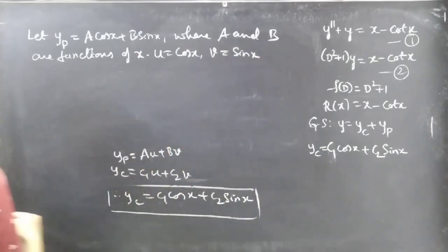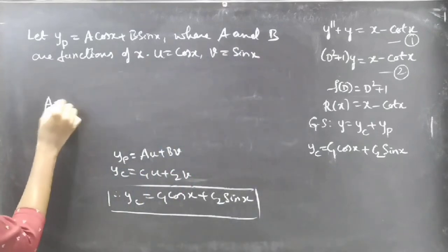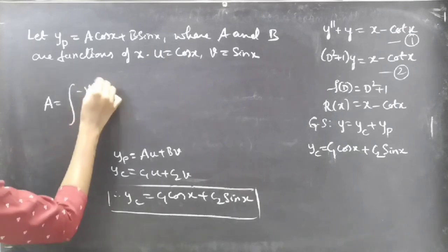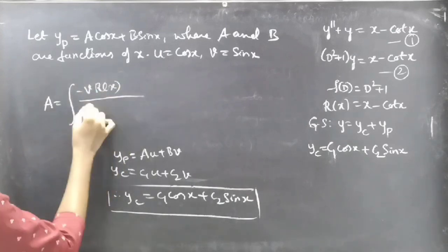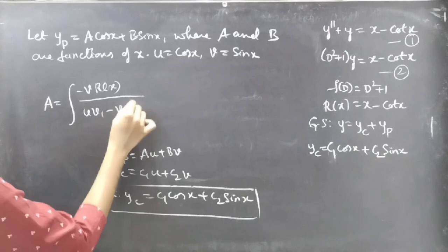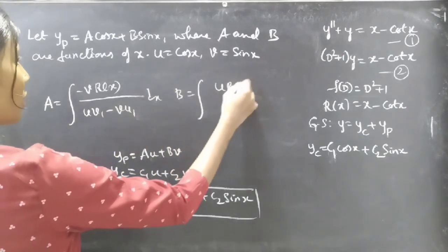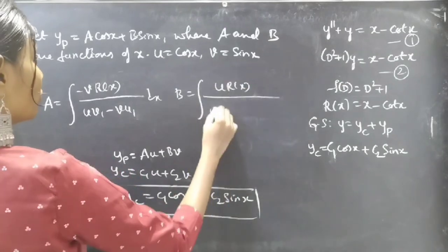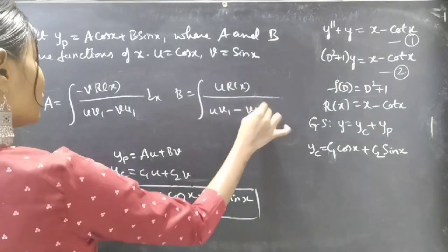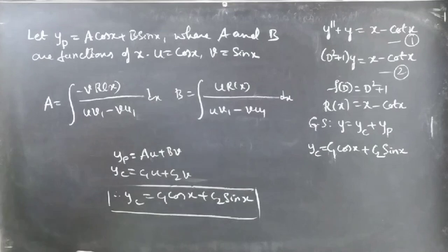Here we'll find a and b using formula. A is given by integral of minus v into r of x by uv1 minus v1 u into dx, and b is given by u into r of x by uv1 minus v1 u into dx. So if you notice, we are having uv1 minus v1 u in both the formulas.